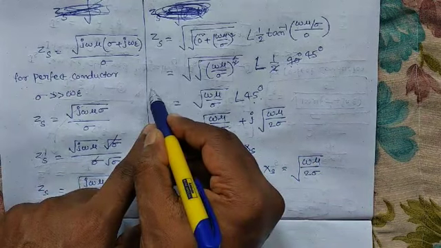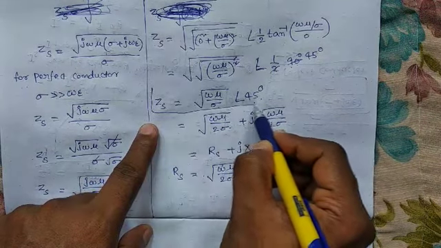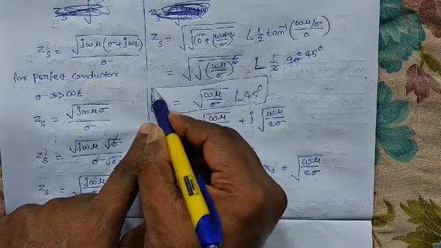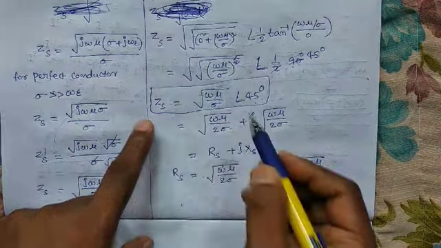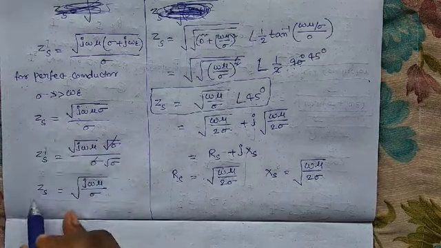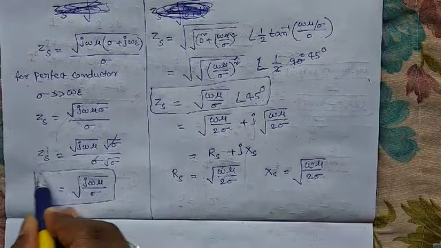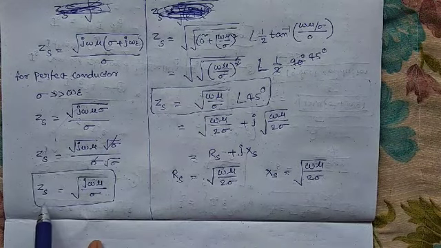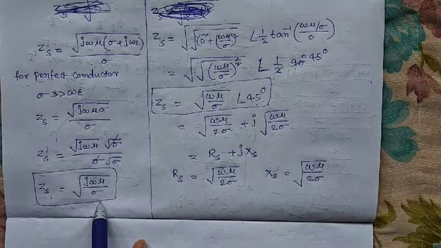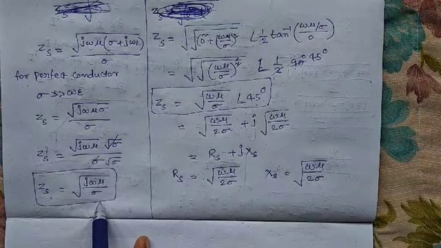This is the surface impedance in polar form for perfect conductors, and the earlier expression is the rectangular form.